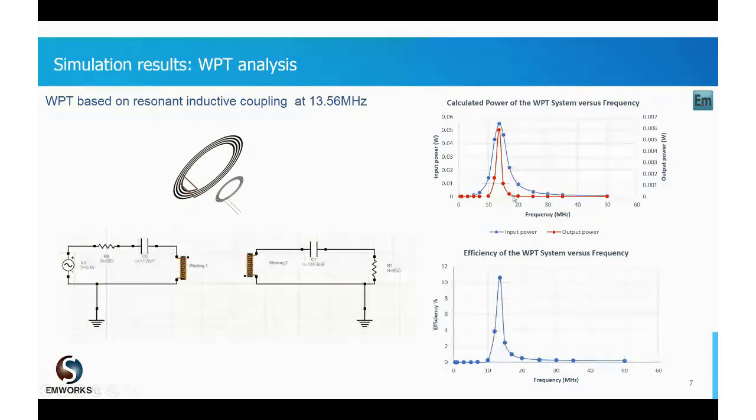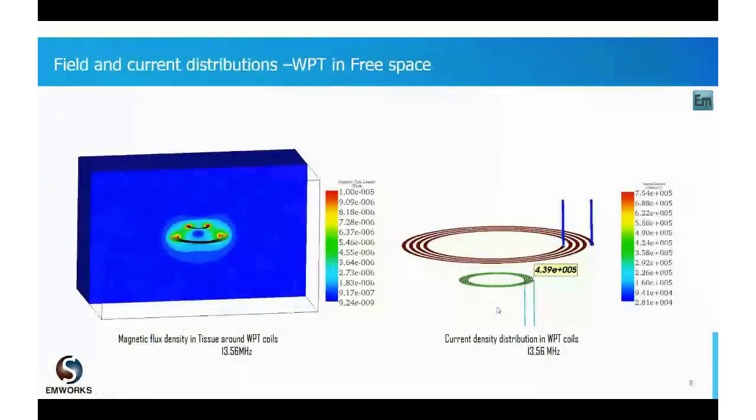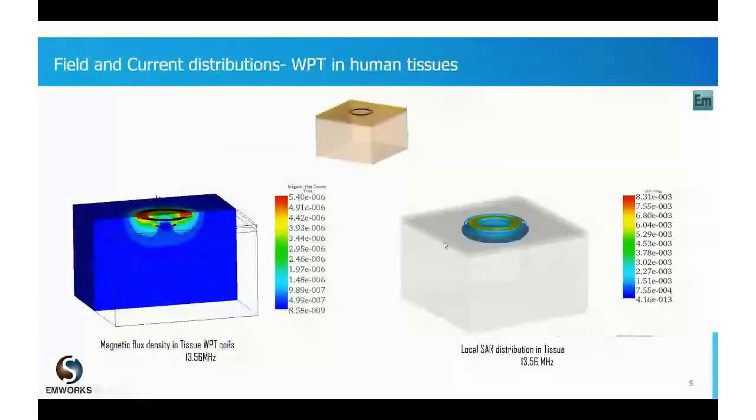We can see that we can get a pretty good efficiency, and we can center our design around 13.56 megahertz. When you do that in the model, you're able to see a whole bunch of results. Ahmed will give more details about the flux densities, the currents, and you can even see how much specific absorption rate is happening. So we can see how safe the system is from the arrangement and the exciting current levels that you're using.